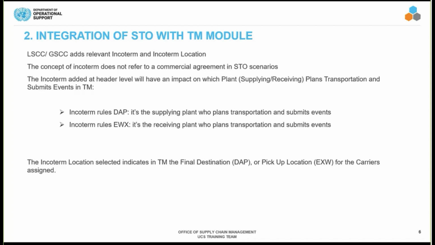And then you have scenarios that could be DAP, as you can read in the screen, where it is the supplying plant who is planning transportation, or in the case of XWorks, EXW, then it's the receiving plant. And this is very important together with the Incoterm location that you can also read in the screen, that these two fields are essential and crucial for the implementation of transportation management.